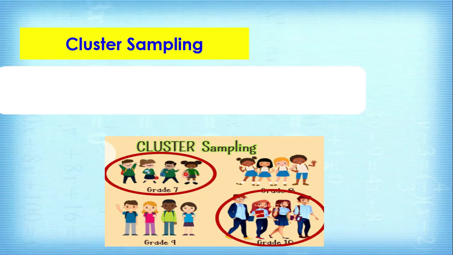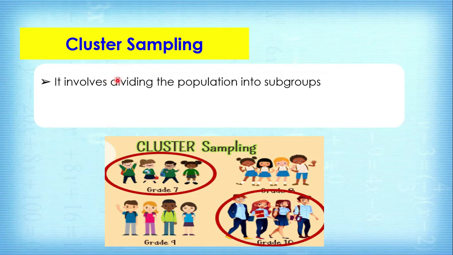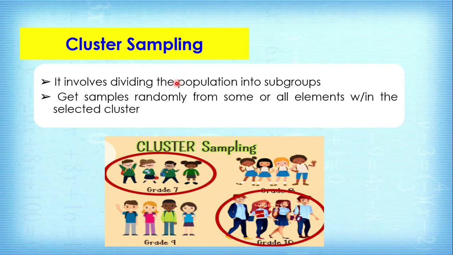The fourth one is cluster sampling. It involves dividing the population into subgroups. And then, get samples randomly from some or all elements within the selected cluster. In this case, we group again the students according to grade level from grade 7 to grade 10.